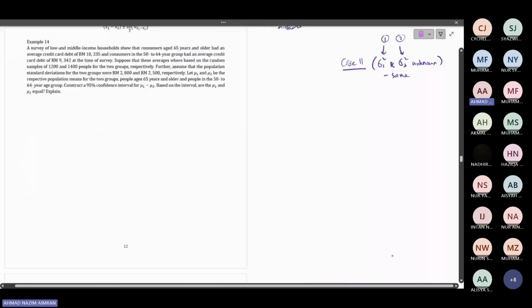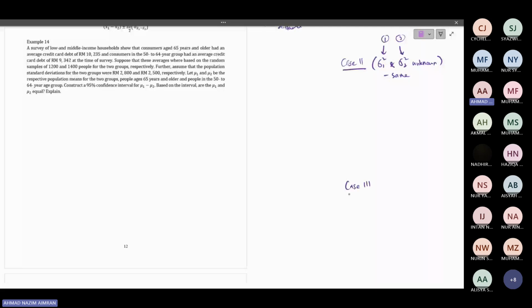Case number three is when the variances of the two populations are also unknown, but this time the variances are statistically different: different variances for populations one and two.